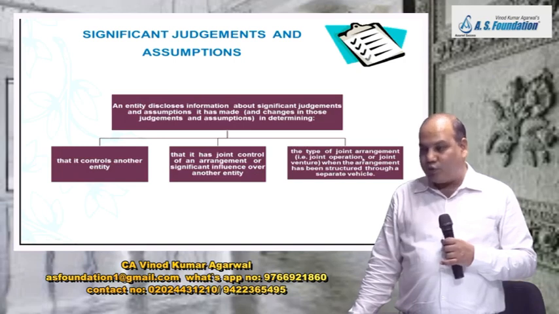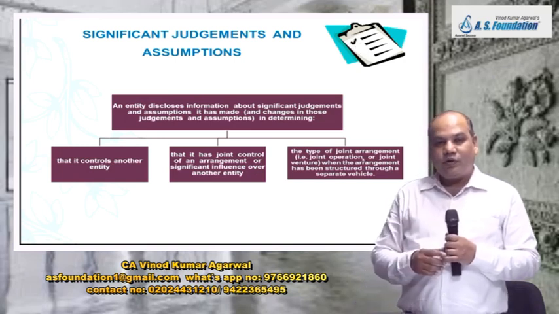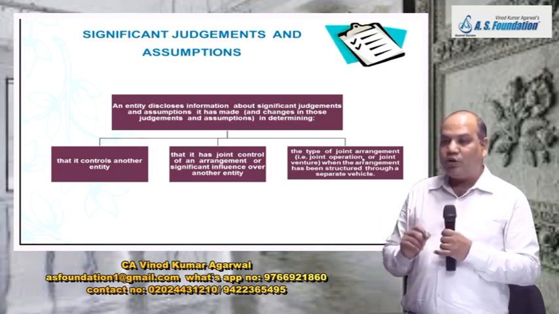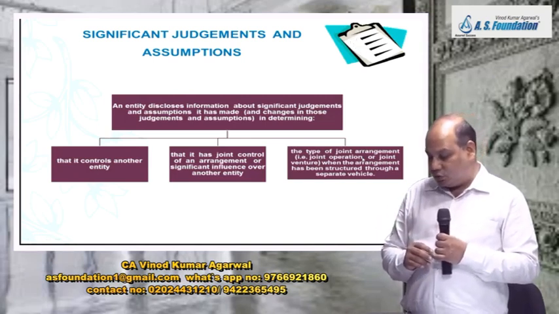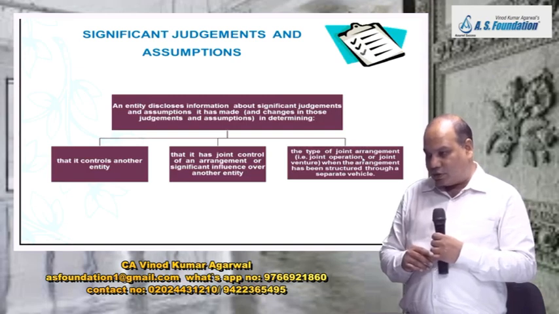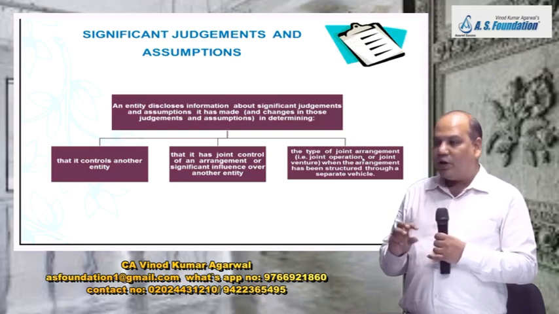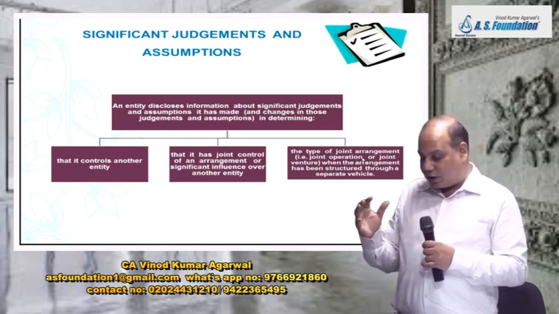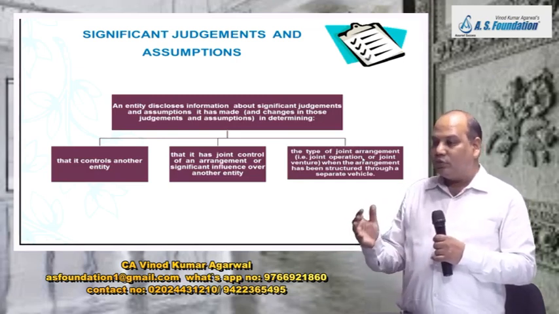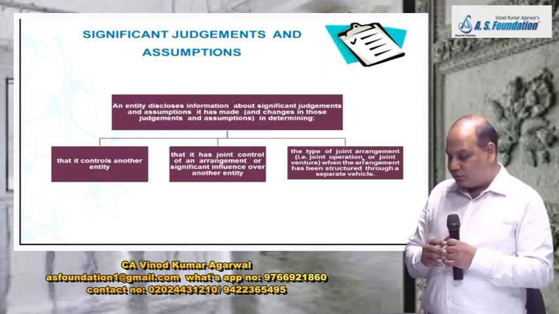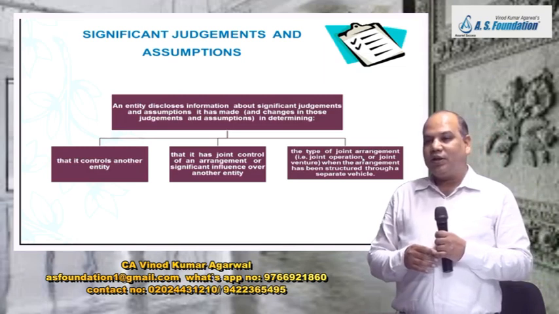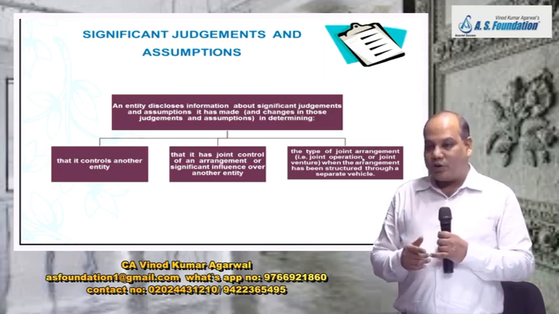And then the type of joint arrangement. Sometimes the complication arises in a joint arrangement, whether it is a joint operation or a joint venture, especially if you create a new entity. Because a legal entity created can be a joint operation or can be a joint venture. When the parties are allowed to take separate assets and liabilities, then it is a joint operation.